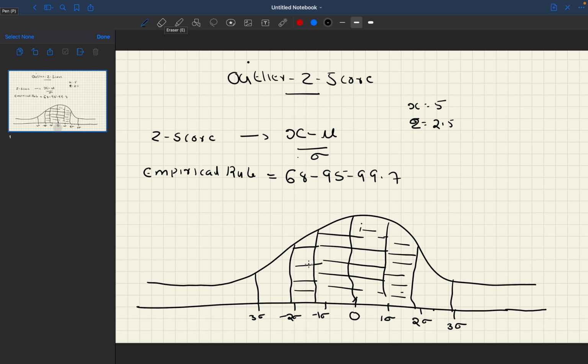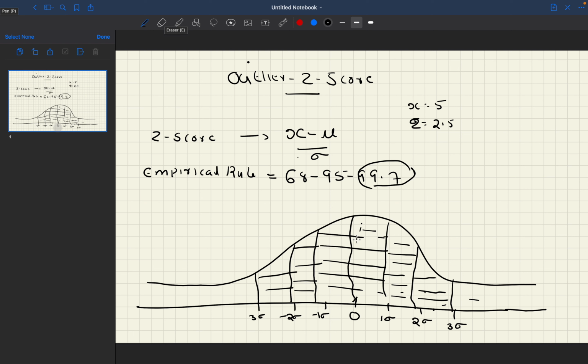And the first, second and third standard deviations, this area, have about 99.7% of data. After the third standard deviation, we consider the data as outliers.